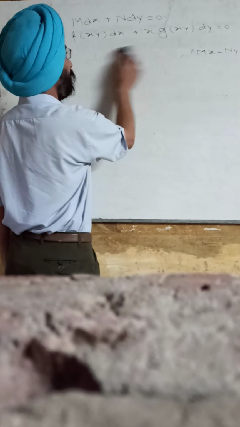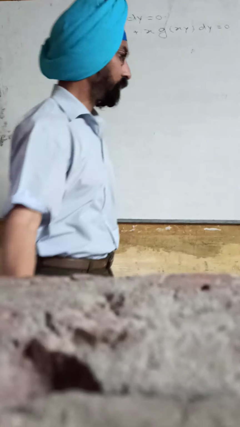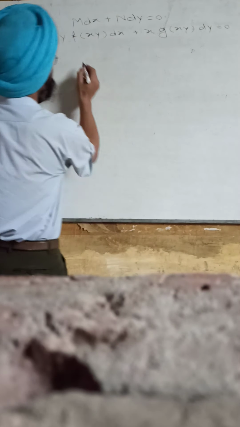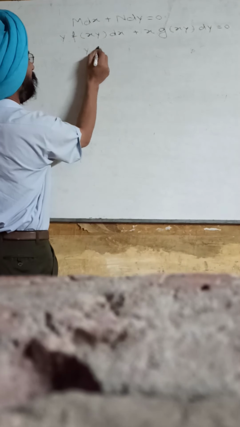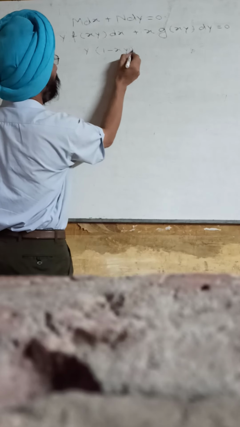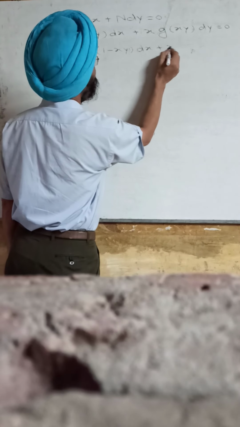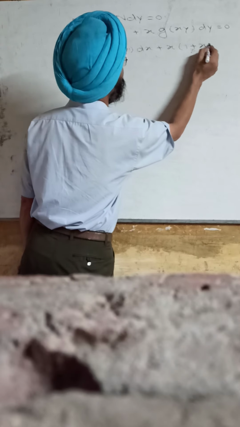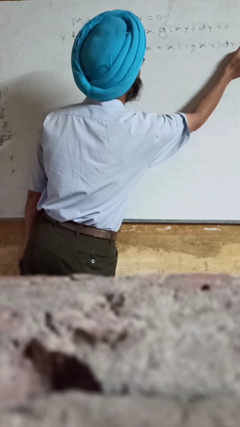So I am taking a question now. Let this question be y(1 minus xy) dx plus x(1 plus xy) dy is equal to 0.